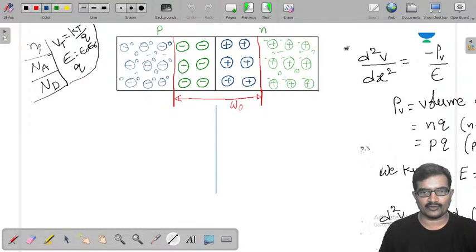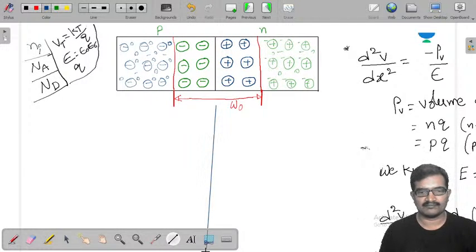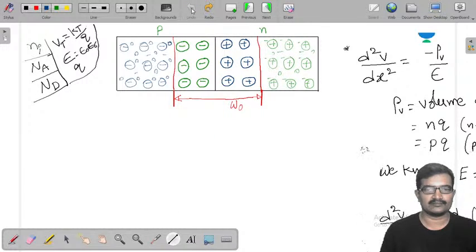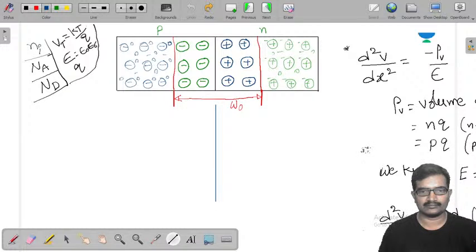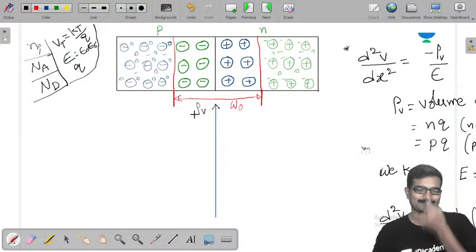First, I am going to plot rho V. This is rho V, the volume charge density.